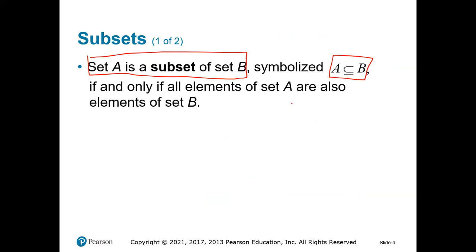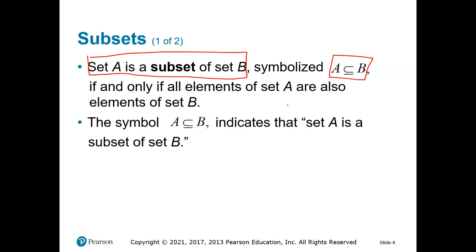So when can we say that? We say that when every element of set A is also an element of set B. When every element of set A happens to be an element of set B, we say that A is a subset of B. And if not, then we say it's not a subset of the set.